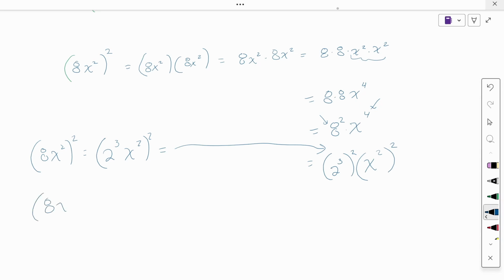And this general pattern would happen regardless of the exponent that I raise my quantity to. So, if you had 8x squared raised to the third power, then you'd have 2 cubed x squared to the third, and that would give you 2 to the third raised to the third, x squared raised to the third, and so on and so forth.